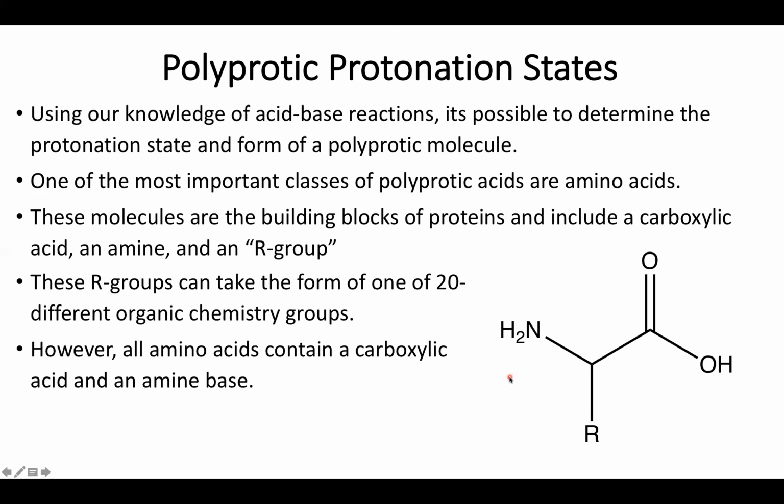It is worth noting that this means that every single amino acid in your body, which exists both as proteins and free floating, will demonstrate acid-base behavior. Most of these carboxylic acids are going to be quite acidic, with pKa's somewhere between about 2 and 3.